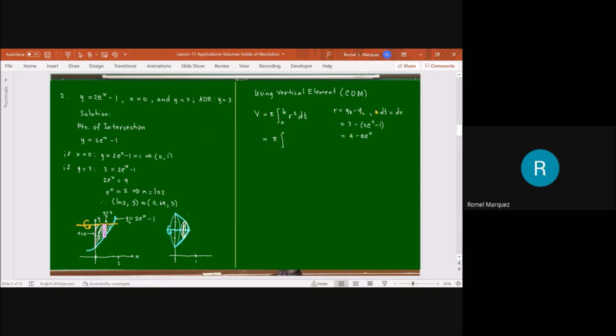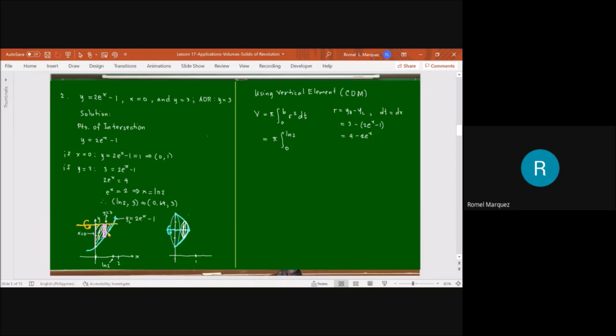Right, guys? What now do we have? Limits. The limits run from 0 to ln. What is this, guys? This point. That point is ln 2. From 0 to ln 2. We use x values, no?